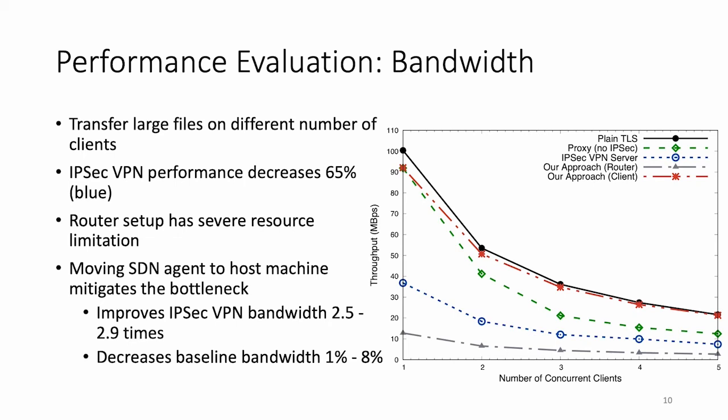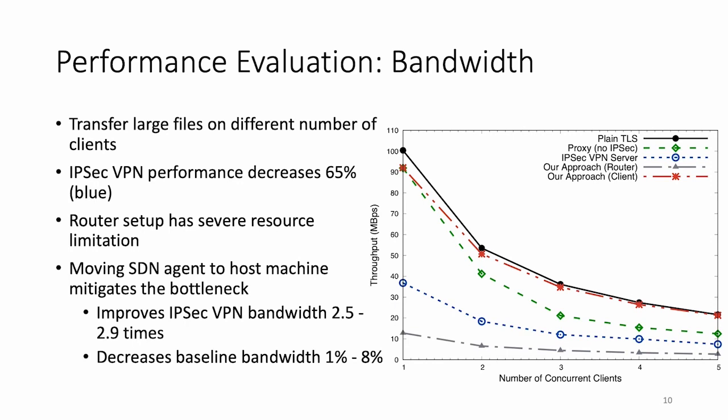On the figure, we use a black line to show the baseline performance, where clients directly download files from the server. It shows the largest bandwidth in all situations. Then we use a green line to show a network gateway which runs no VPN, and the blue line shows a VPN service running on the proxy.